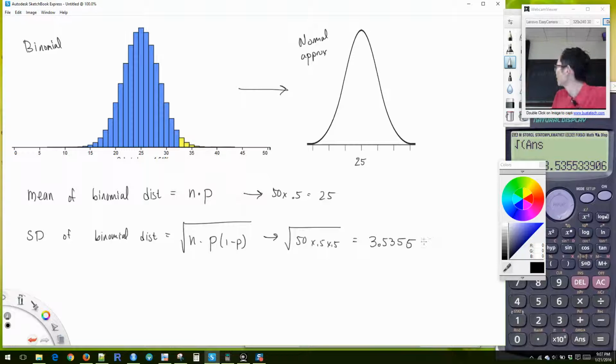Okay, so my normal approximation will have mean equal to 25 and standard deviation equal to 3.5355. So I'm going to use the mean and standard deviation of the binomial distribution as the mean and standard deviation of our normal approximation.